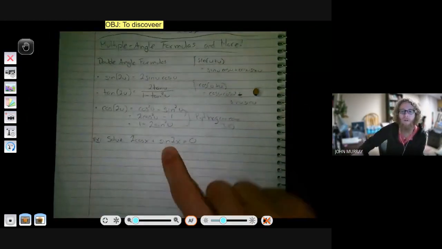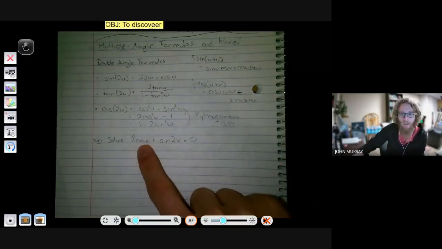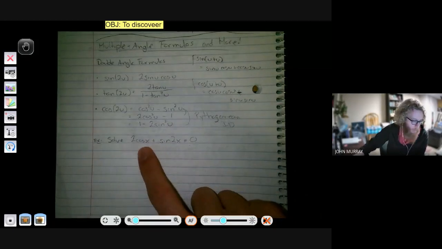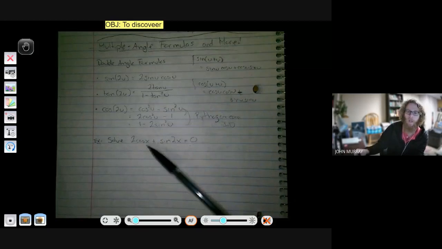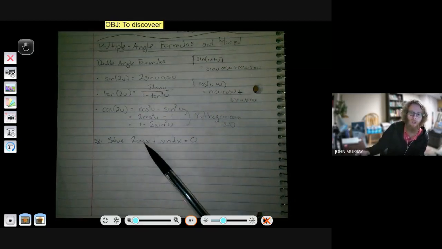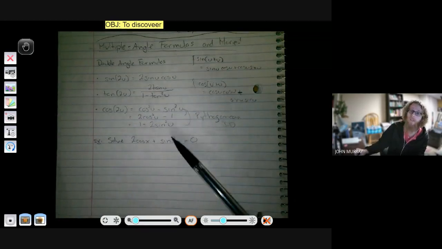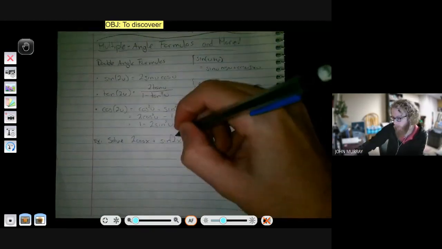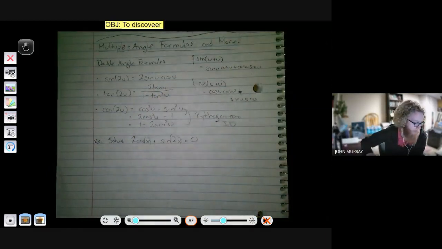But here, our problem is I don't just have the sine of 2x. I also have a cosine x. So that makes things a little more difficult to separate. I can't get my x's alone because this one is tied up with a cosine, and this one's tied up with a sine. So I'll put a parentheses around that.